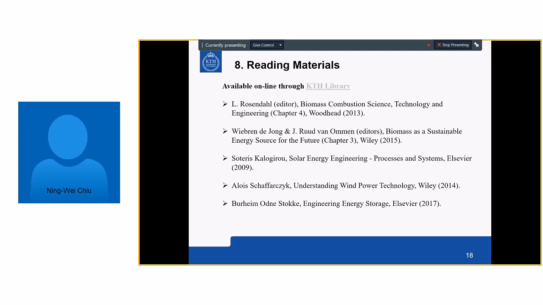And then for the energy storage, for the solar part, we have a recommended reading. So it's not mandatory, but it's recommended. For the wind power, we do have another book, not mandatory, recommended. And for the energy storage, I also recommend one book to give you some background. So the first two are mandatory. The three that are shown here are recommended.